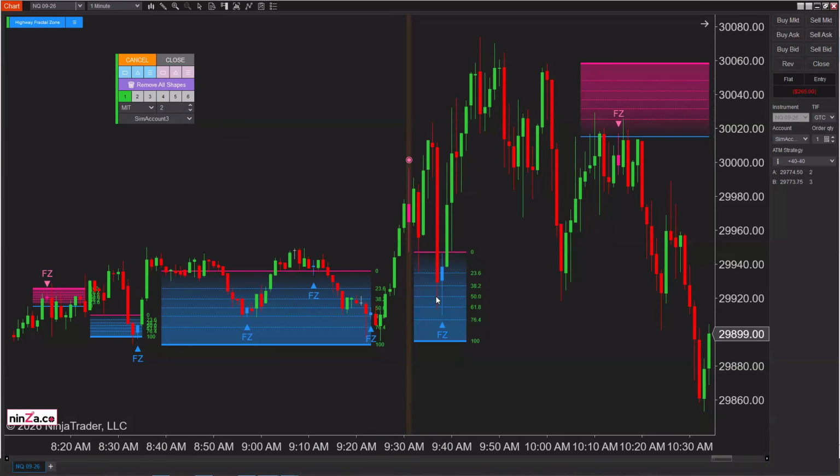Should I be looking long? Should I be looking short? In this case, obviously looking long. Later on in the morning, all of a sudden, oh, wait a minute. Now we have a bearish fractal zone. Price comes up. Well, now I'm looking short. Now I'm no longer interested in longs. Now I want to go short. So again, it's very individual.